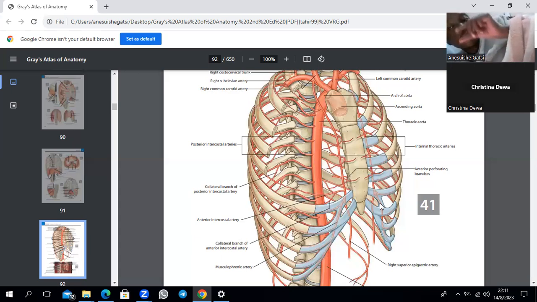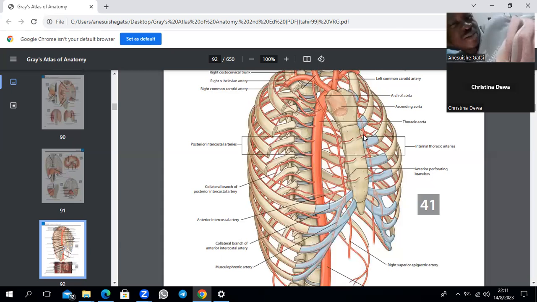But musculophrenic, phrenic means diaphragm, so that one will supply the lower 5 intercostal spaces. The upper 6 intercostal spaces are supplied by direct branches of the internal thoracic. So that means we have 11 intercostal spaces.